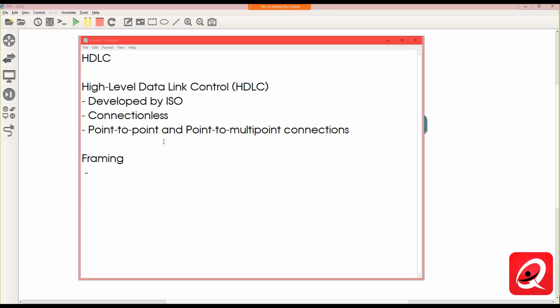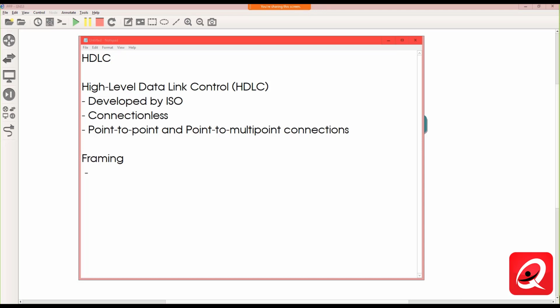Let's talk about the framing a little bit. HDLC frames. This is a layer 2 protocol, so we do refer to framing concepts. They can be transmitted over serial lines that are synchronous or asynchronous. There is no mechanism to mark the beginning or ending of a frame like you would see with an Ethernet frame, where you have a preamble and a postamble.